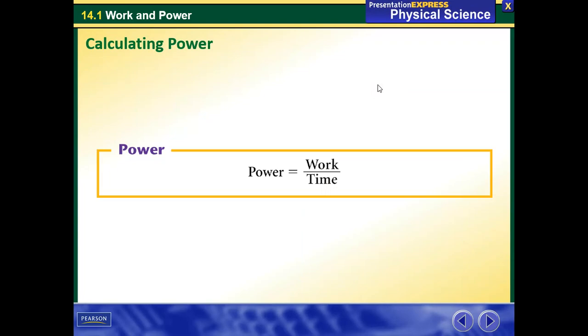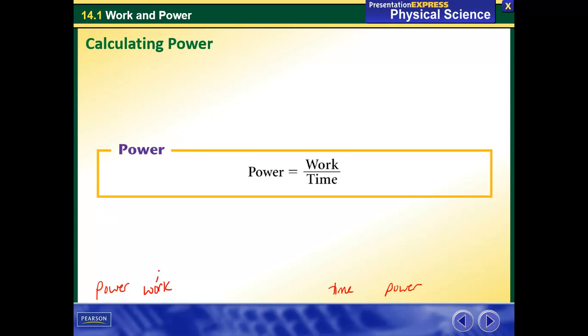So if we look at our equation for power, power deals with work and time. And what you see here is we are going to be dividing. Power equals work divided by time. And I always like to look at these and see how everything is related. So we have power and work, and time and power.